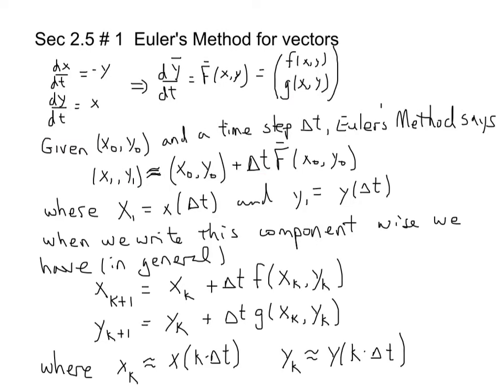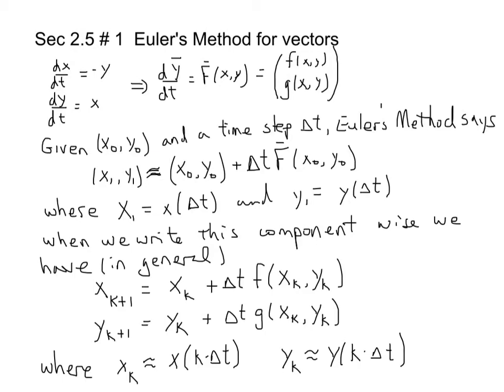We get to our new point by starting at our old point and adding delta t times the vector-valued function on the right-hand side, which is nothing more than just the slope in the x direction and the slope in the y direction. Here I'm reminding you that x sub 1 is just the function x evaluated at some time interval, and y1 after the first time interval delta t.